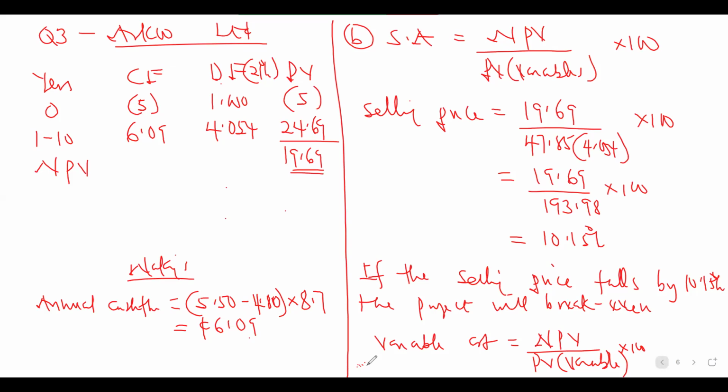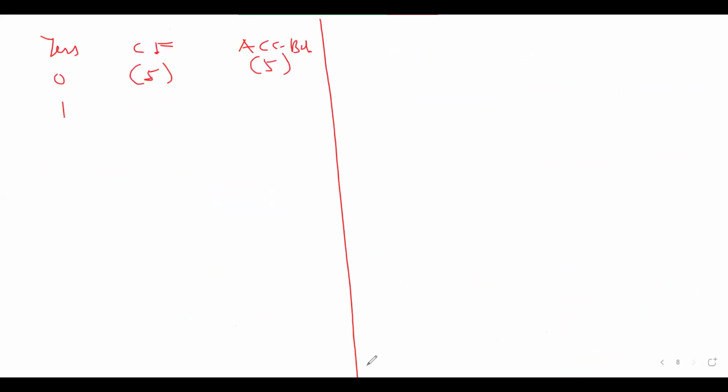Can we do it one by one? Okay, so we have 6.09 multiplied by 0.826. Are you sure?